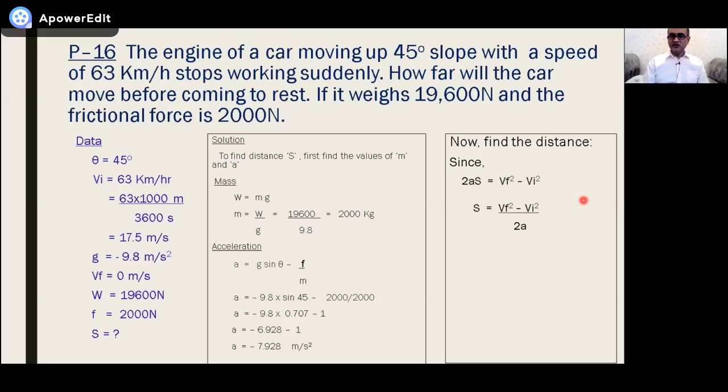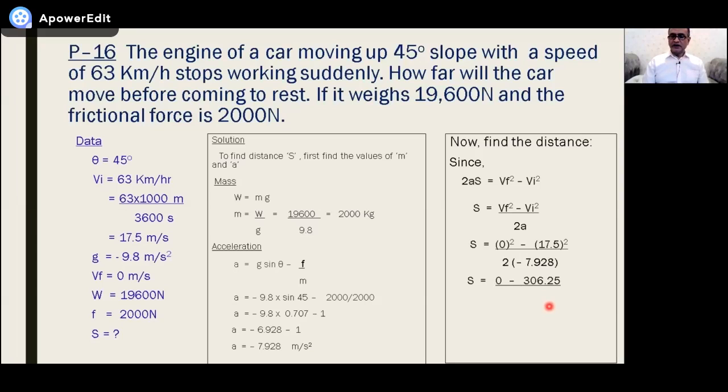The formula has been changed, substituting the values. Final velocity is 0, initial velocity is 17.5 square, and then acceleration. Simplifying it, the square of 0 is 0, the square of 17.5 is 306.25.